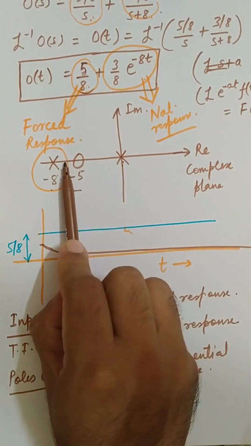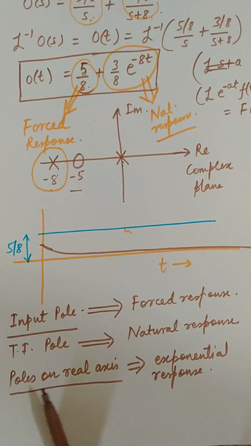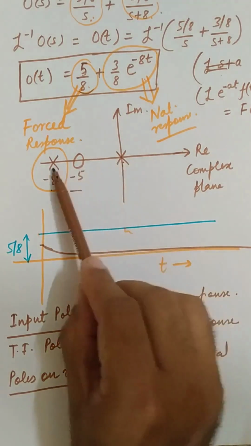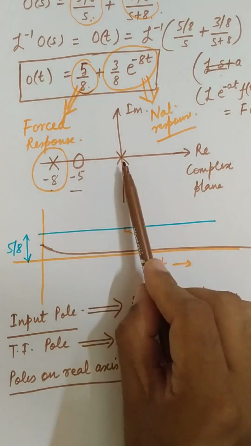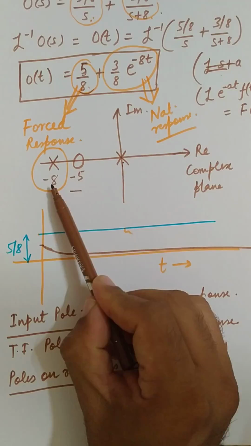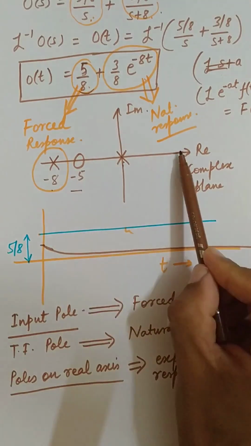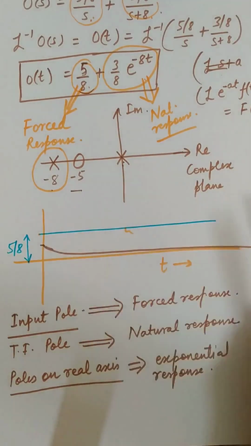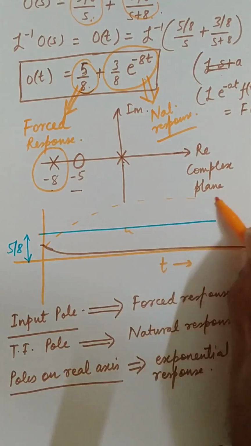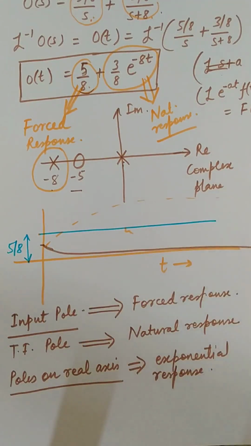So another thing to note here is that if they are negative, the response will exponentially die out if they are on the left hand side of the plane. If they are on the right hand side of the plane, for example, had the pole been on s equal to +8, then this response would have exploded from here, right? It would have gone like this, gone to infinity actually with time. And the system would be unstable in that case, right?